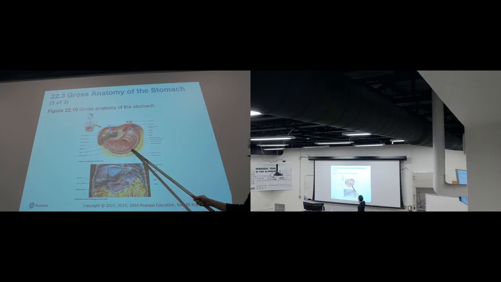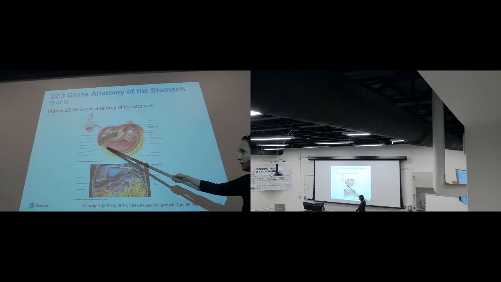Now, the next layer will be the muscularis layer, in which you have an oblique layer of muscles, a circular layer of muscles, and a longitudinal layer of muscles. So the stomach will be the exception for having two layers of muscles along the alimentary canal. This one has three. And I told you the reason why.